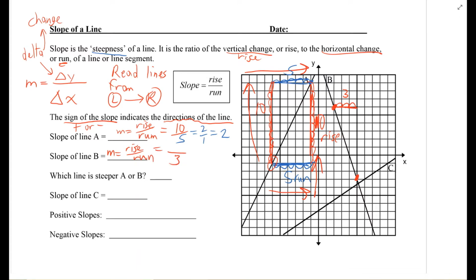And now I'm going to go down, 1, 2, 3, 4, 5, 6, 7, 8, 9. So if I'm going down 9, I'm not going up, am I? If you're going down, how would you reflect that numerically? Well, -9. So my rise is -9. On my triangle, I get -9. Lowest terms then, divide by 3.